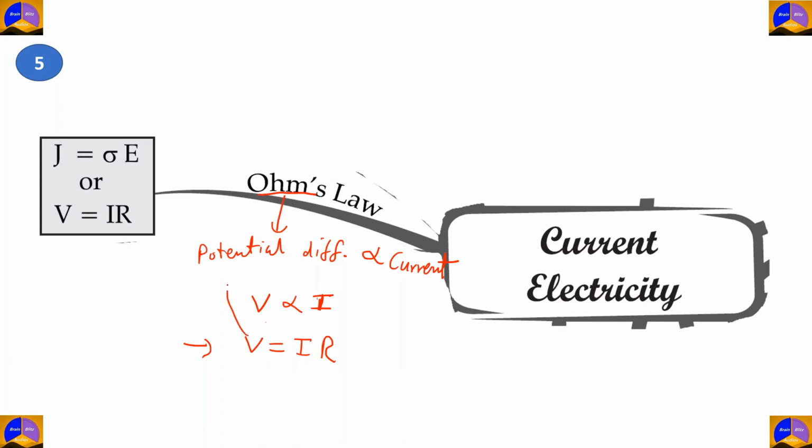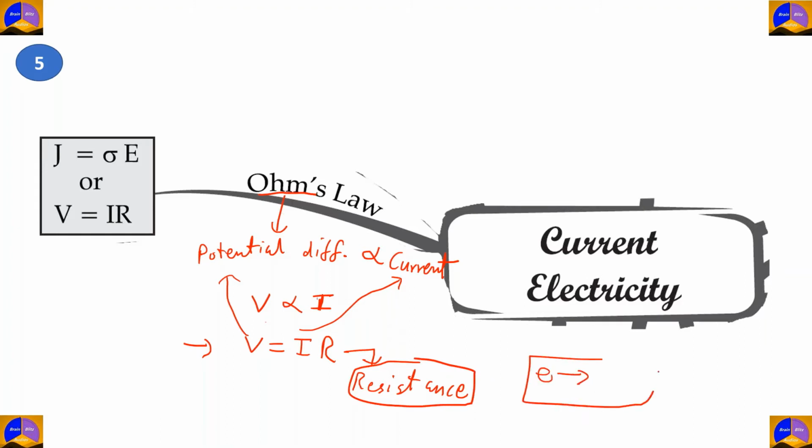V stands for potential difference, I stands for current, while R is a constant of proportionality known as resistance. Now, this refers to the opposing of the movement of electrons in a conductor. That value is known as resistance.